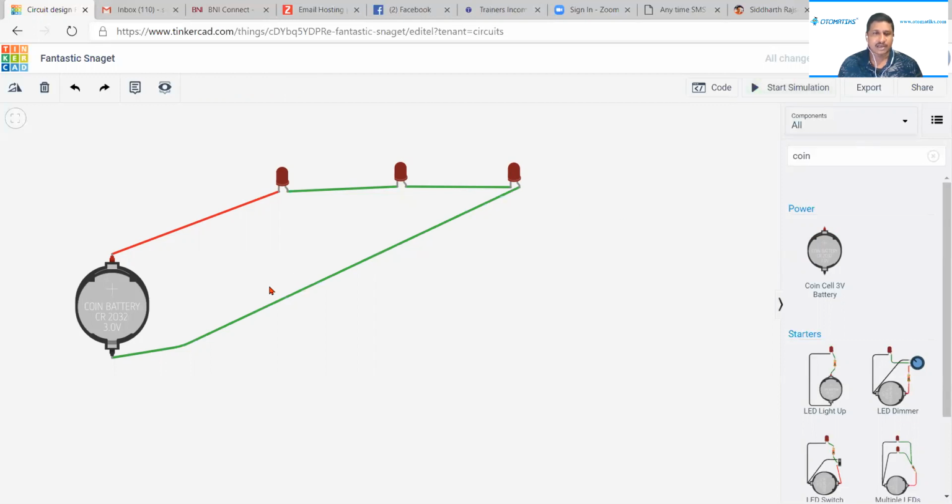I'm going to do it as a parallel connection and show you. I'm just deleting this.